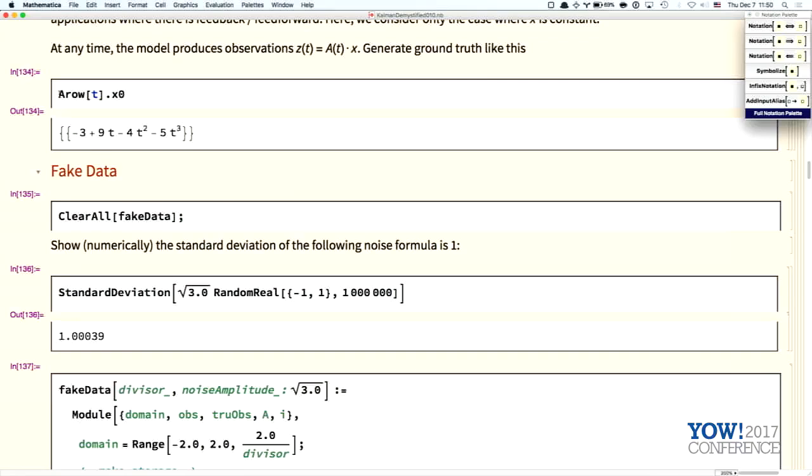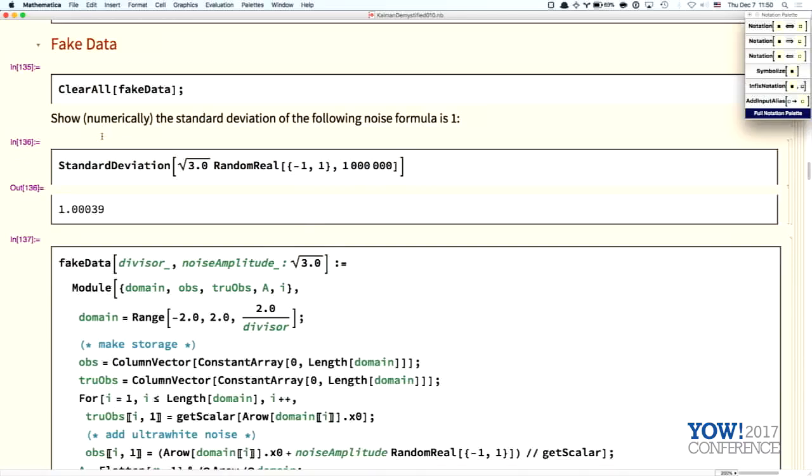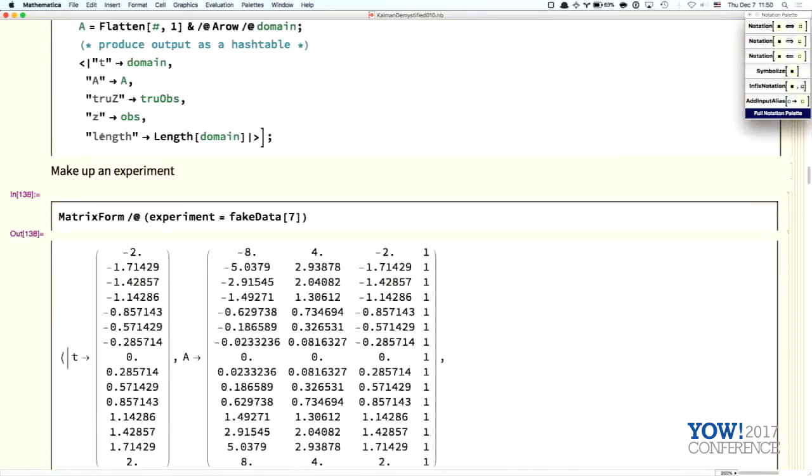Here's the model at any time t. This isn't time, as I will show you. It's just the independent variable of the polynomial times the ground truth. And sure enough, there I get minus 5t cubed minus 4t squared plus 9t minus 3. I'm going to fake some data. And anything that I skim over is unimportant.